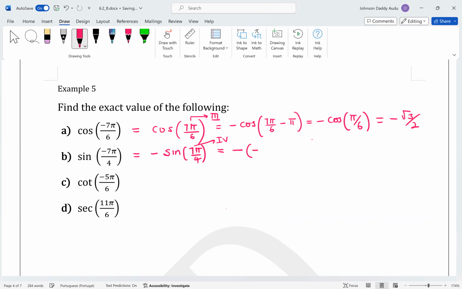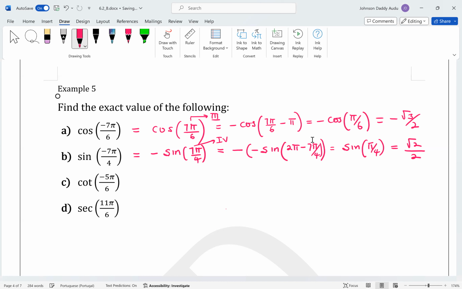Then sine in the fourth quadrant is going to be 2 pi minus 7 pi over 4, right? And this minus minus now will make it plus. So this is just going to be sine of pi over 4, and this is nothing but root 2 over 2.